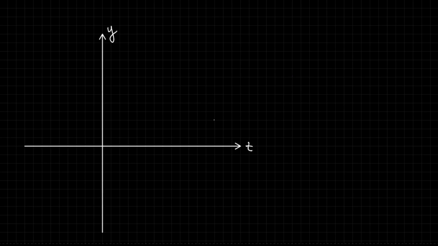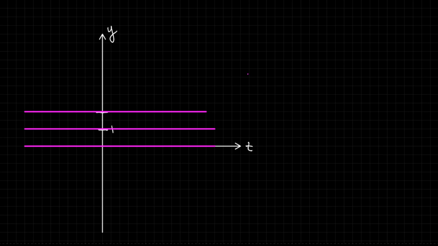So I have my t-y axis here, and I'm going to create a scaling. Let's make this 1. That would make this 2, and so my mid, upper, and lower lines will look something like this.